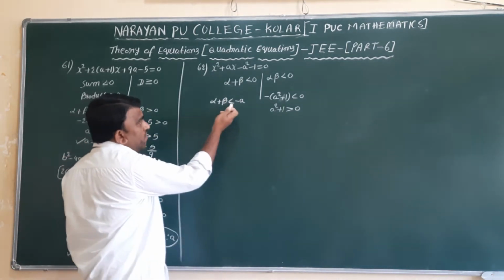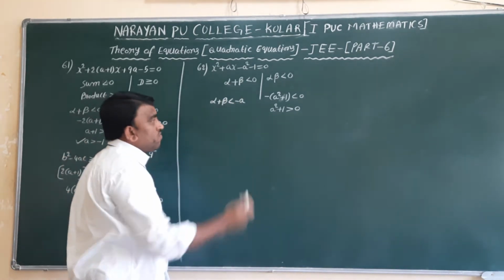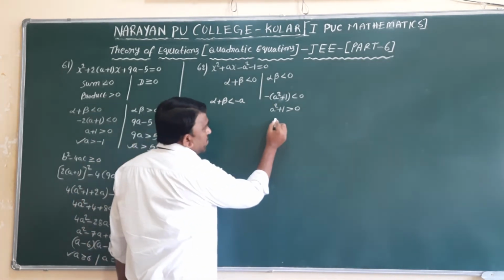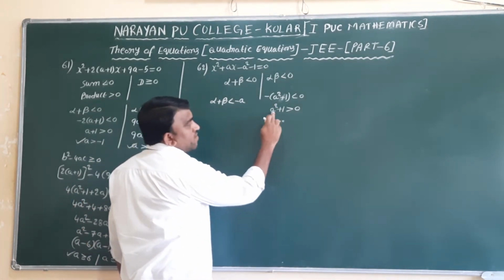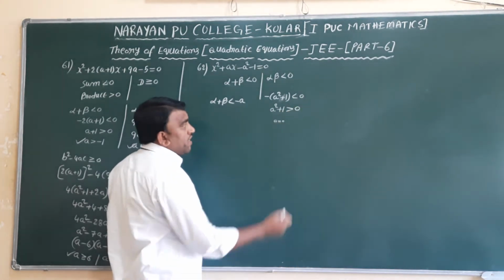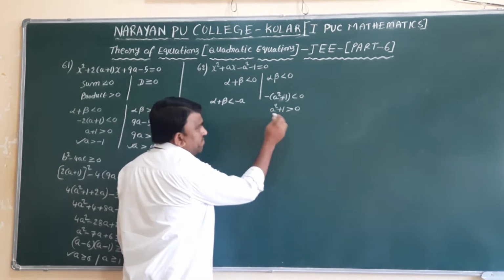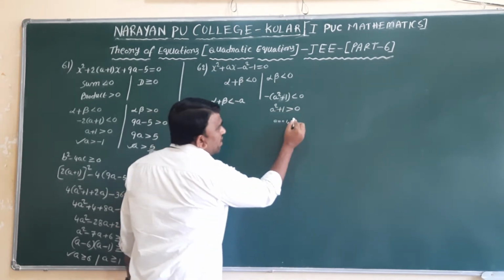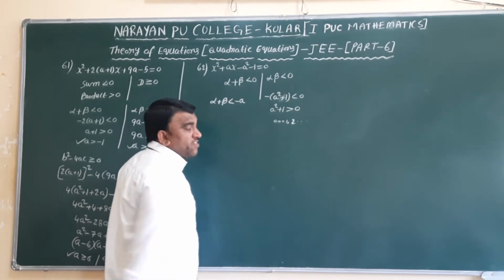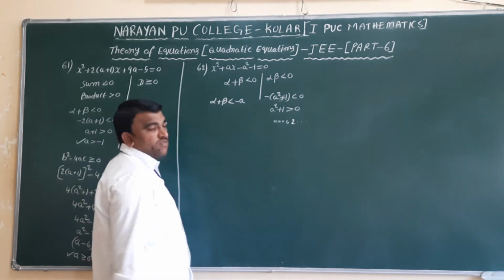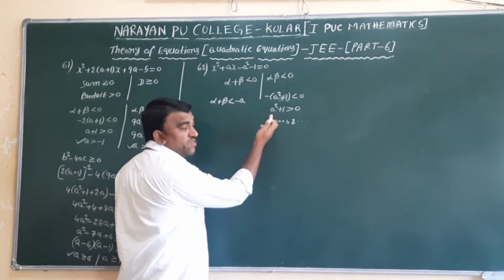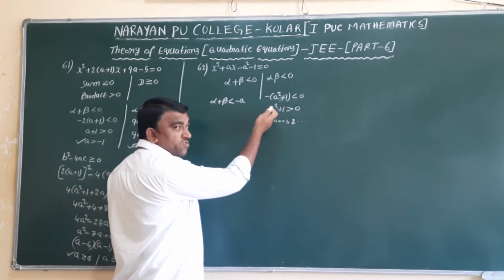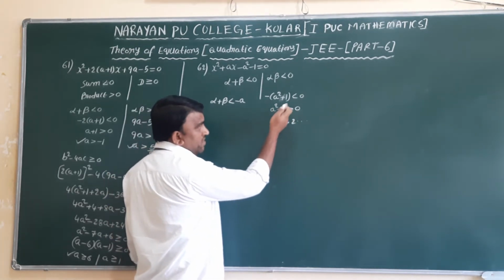From this we will not find out what a belongs to directly. If you take any number, suppose a is 0, 1 is greater than 0, true. A you can take 1, 1 plus 1, 2 is greater than 0. A you can take 2. Not only positive numbers, if you take negative numbers also, minus 1 whole square plus 1, 1 plus 1, 2 is greater than 0, minus 2 whole square is 4, 4 plus 1, 5 is greater than 0.